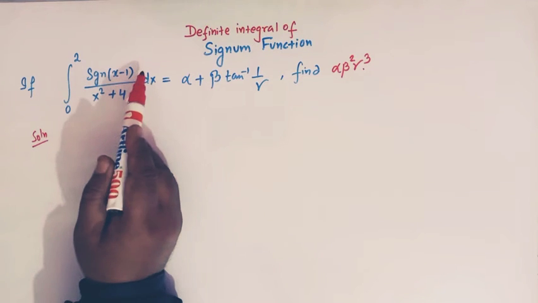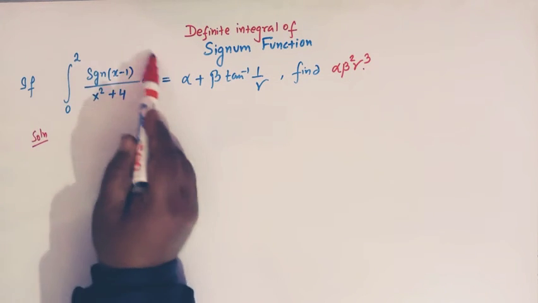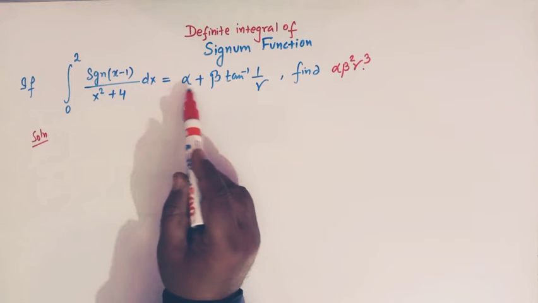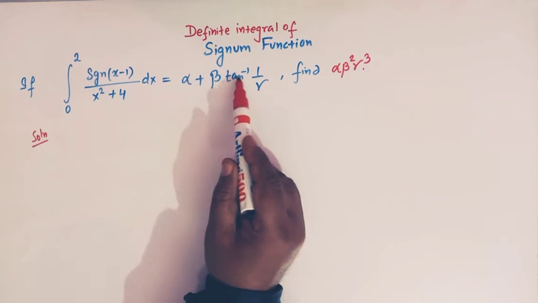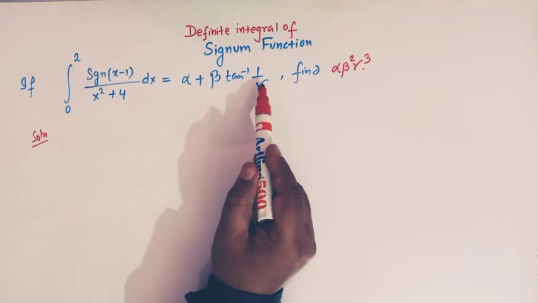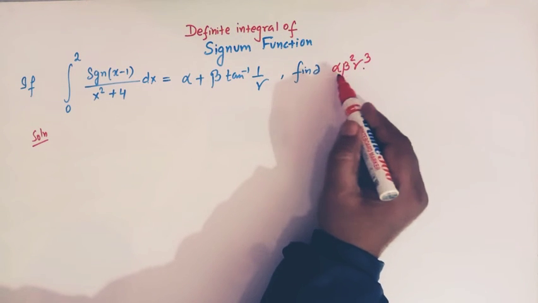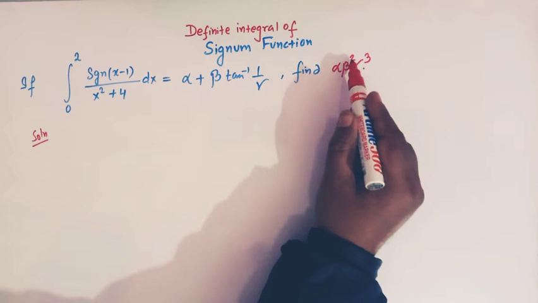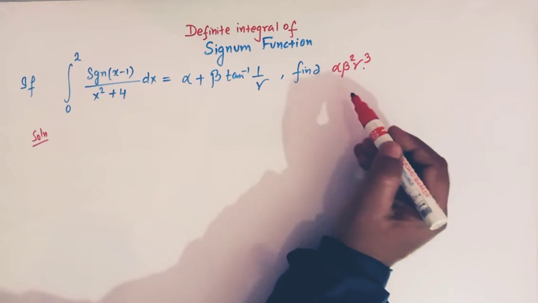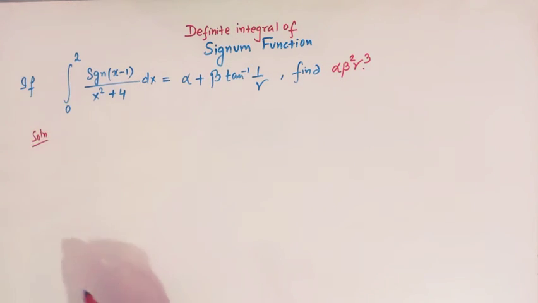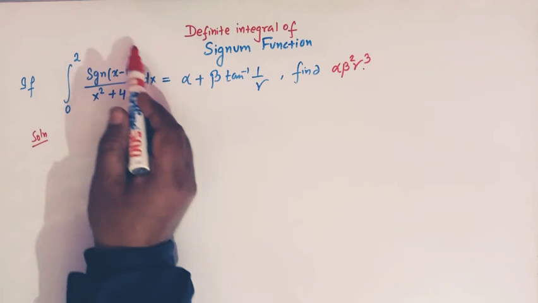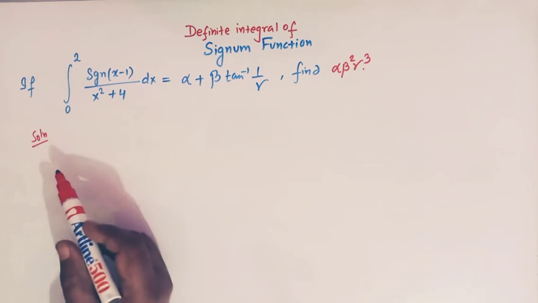The problem is: if this integral is equal to alpha plus beta times tan inverse 1 over gamma, then we have to find the value of the expression alpha, beta square and gamma cube. So we have to solve this integral.